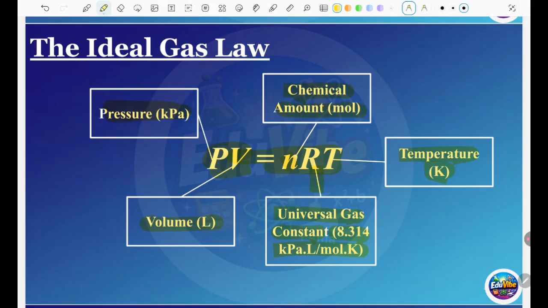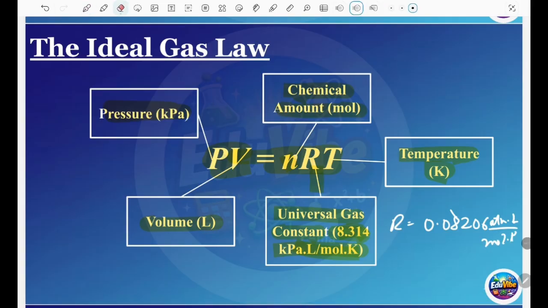If the pressure is in kPa, you can use this value of R. Sometimes you have the pressure in atm, so instead of converting atm to kPa, we just use another value of R, which is 0.08206 atm times liter divided by mole times Kelvin.